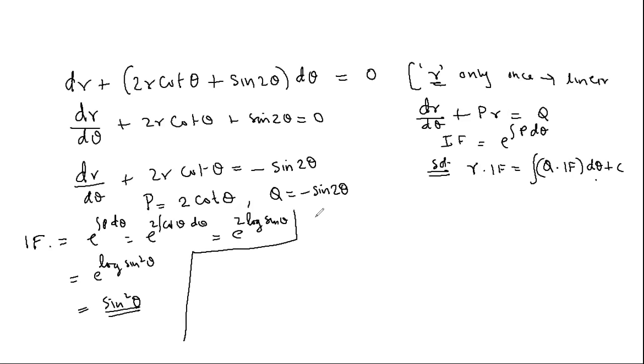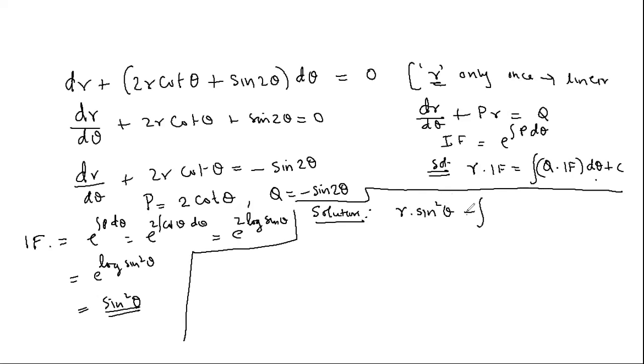The solution is r into integral factor is equal to integral of Q into integral factor. What is Q? Minus sine 2 theta into sine square theta d theta plus C.